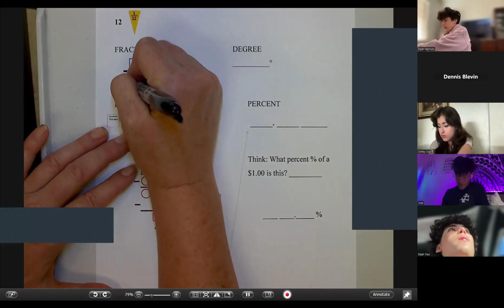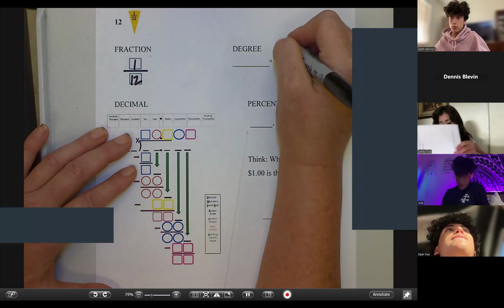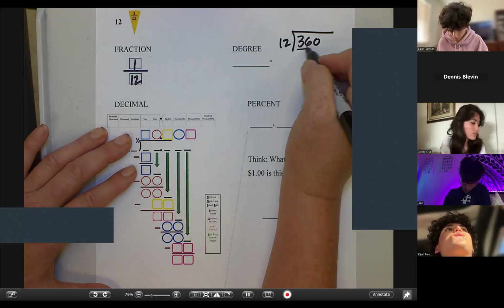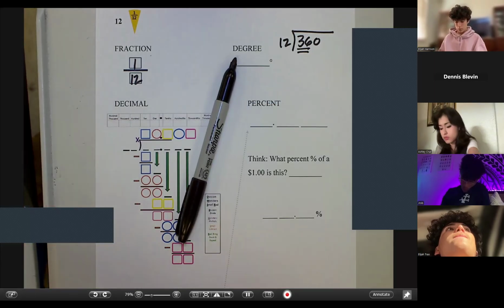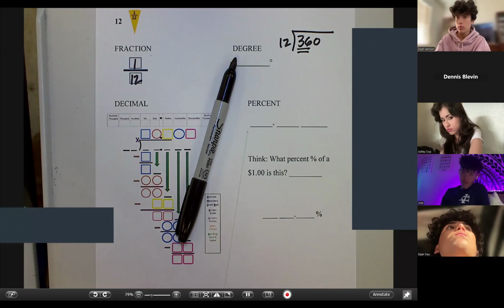We got 1/12. If you didn't do your fraction circles, we're going to go like this. 12 goes into 360, but we're going to do 36. I want you to skip count. 12 plus another 12, 24, plus another 12.